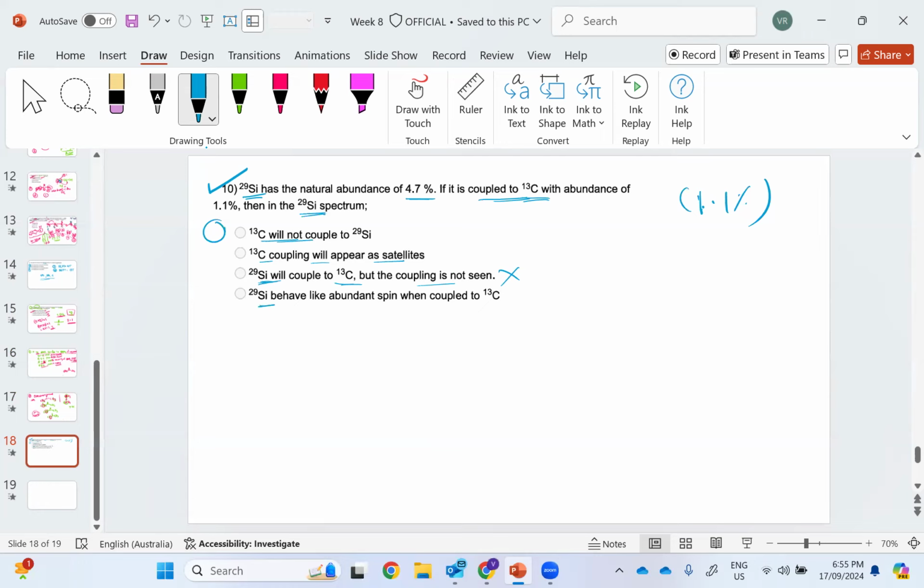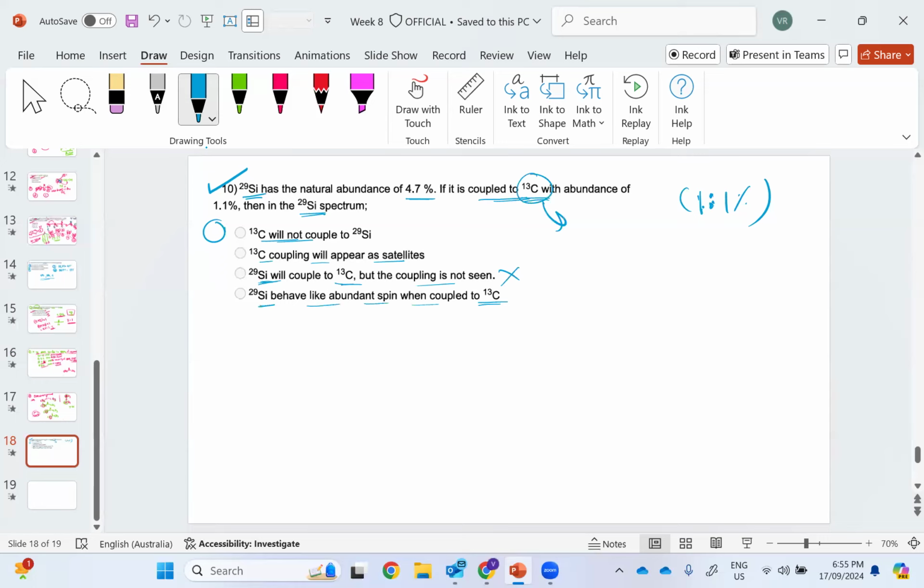Also, 29Si behaves like an abundant spin when coupled with 13C. The natural abundance of carbon-13 is almost 1.1%, so very, very low.